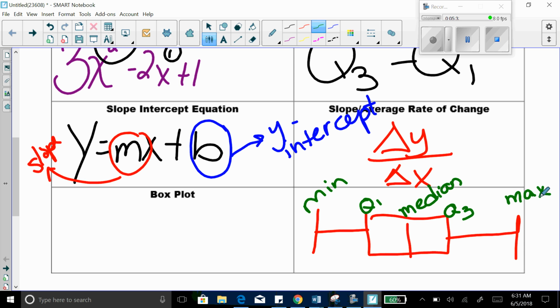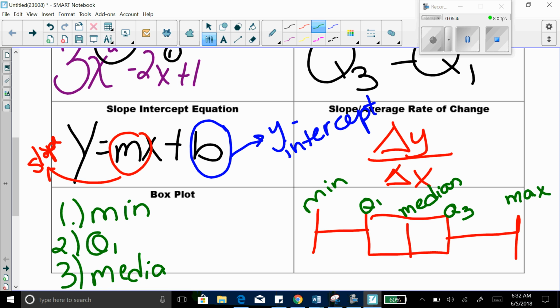When you actually create a box plot, you need to write those 5 things out. So it's our minimum, our Q1, our median, Q3. I fix that, it kind of looks like a 6. So Q3, our max. You need to actually write those numbers out when graphing a box plot.